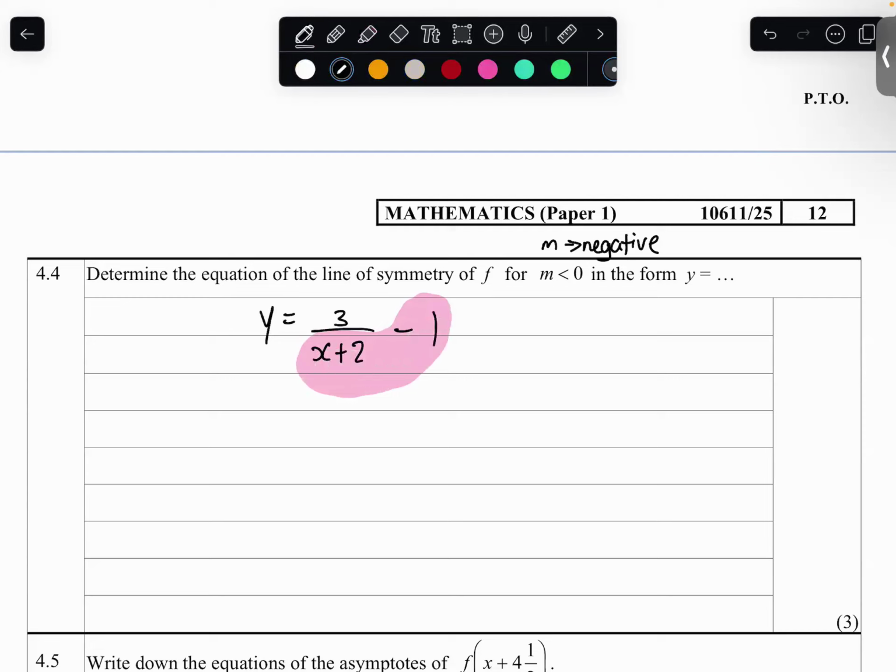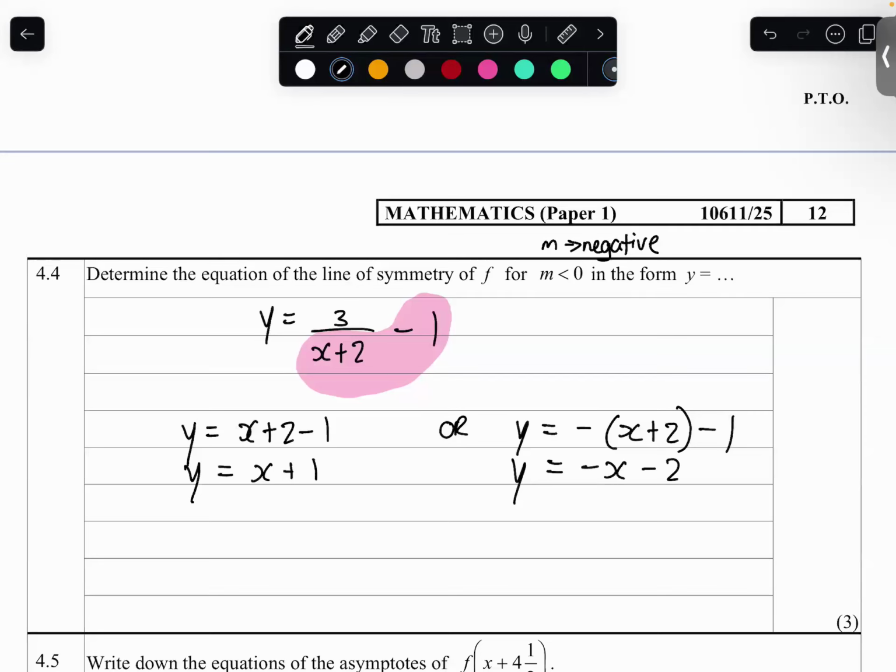So if they want the 1, so we start y is equal to x, or y is equal to minus bracket x, and then add the bean, plus 2 minus 1 plus 2, close the bracket, minus 1. This gives me y is equal to x plus 1. This gives me y is equal to minus x minus 2 minus 1, which gives me y is equal to minus x minus 3.